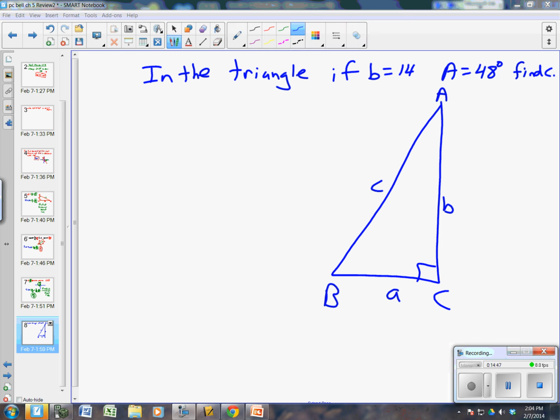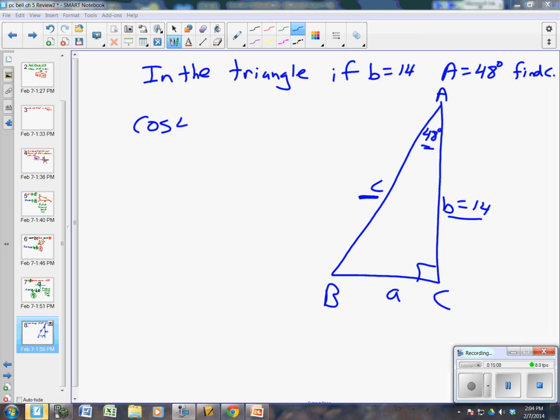Okay, so I have B is 14. This is 48 degrees, right? And I'm looking for side C, which is right here. And so from this angle, I have the adjacent side, and I want to know the hypotenuse side. Adjacent and hypotenuse is cosine.